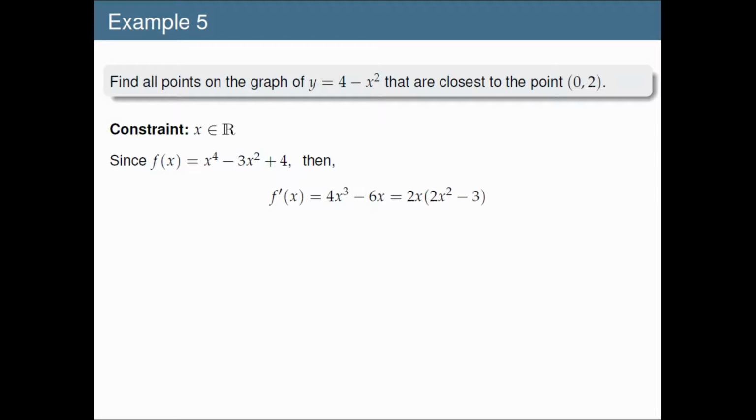Setting f prime to 0, we get 2x times (2x squared minus 3) equals 0. Solving for x, we get 0 or plus or minus the square root of 3 halves. Yung plus or minus square root of 3 halves, dito yan galing sa 2x squared minus 3 kapag equal yun sa 0.